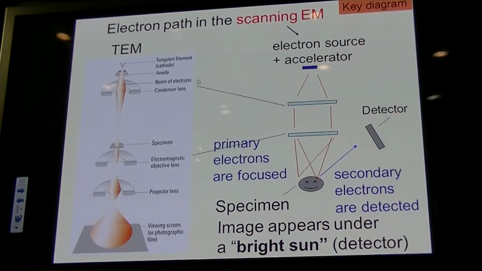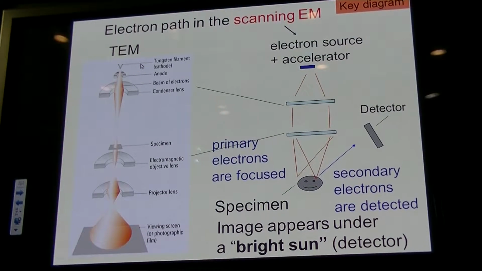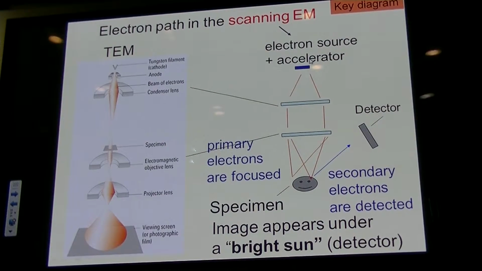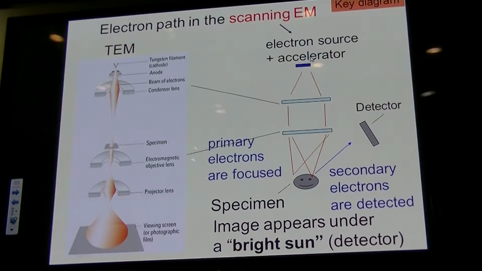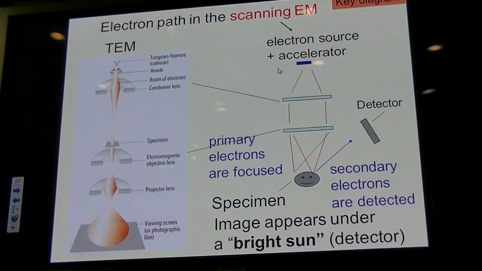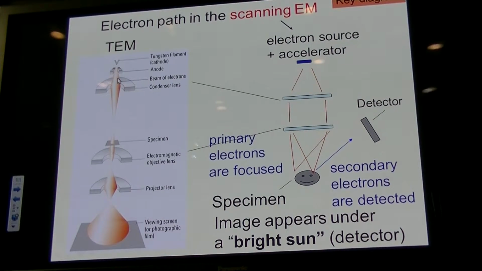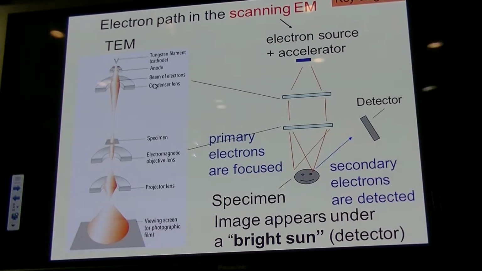So the top of the scanning EM is actually the same sort of as the transmission EM in that there's an electron source. That typically is a piece of tungsten that's heated up and electrons jump out. They're captured in an electric field and they're accelerated. That's the same that happens actually in the transmission EM also. The acceleration of electrons is very important.